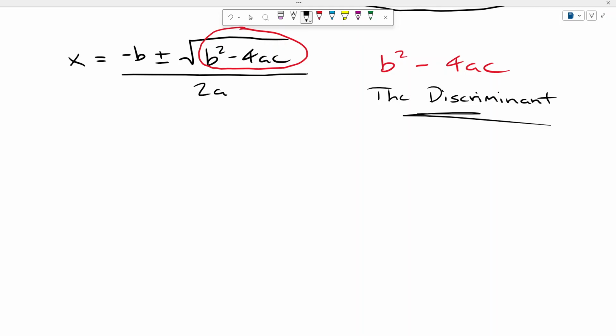And often the discriminant is just given by the uppercase D. And we can use the discriminant to determine the number and type of solutions of a quadratic equation.